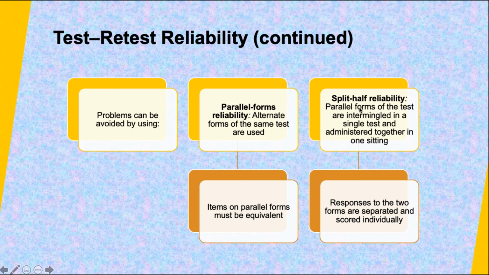So here the two parallel forms of the test are intermingled in a single test and administered together in one sitting. The responses to the two forms are often separated and scored individually. Because both forms are administered simultaneously, the quantity being measured has no time to change.